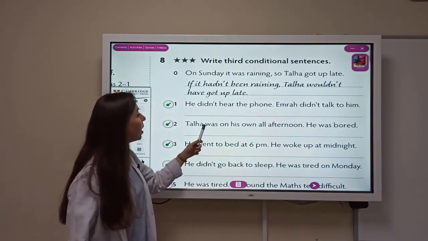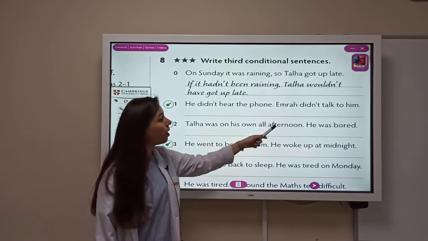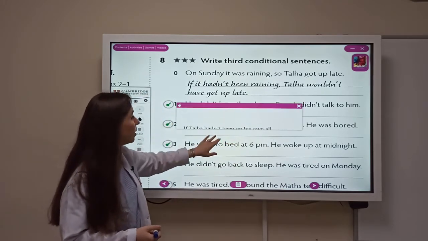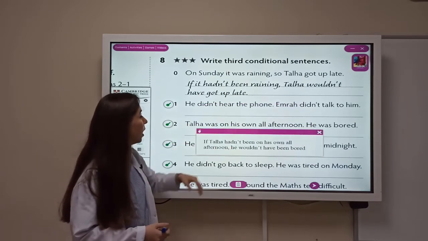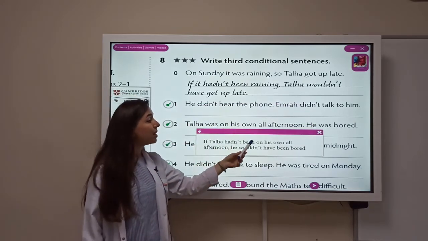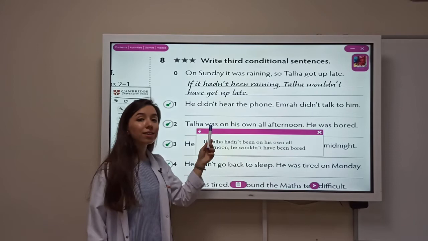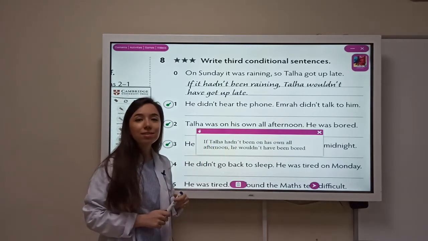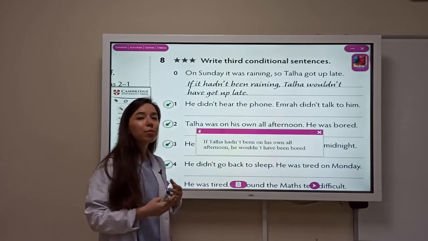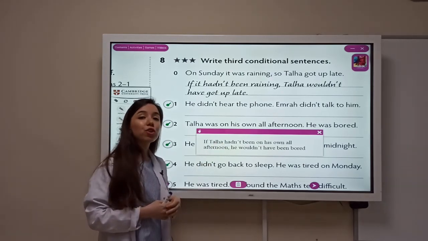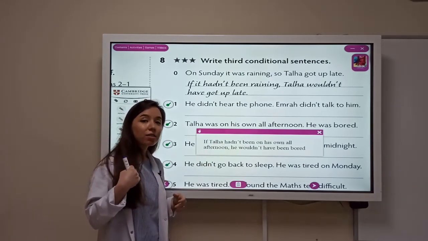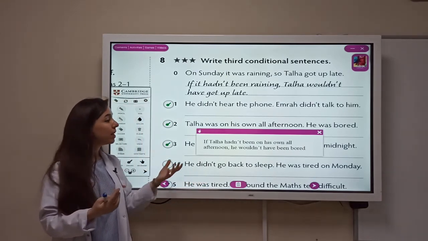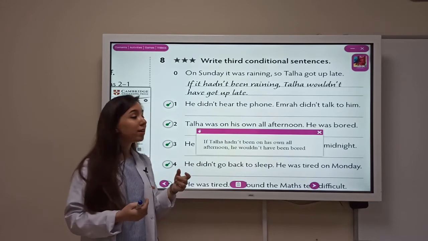Number 2, Talha was on his own all afternoon. He was bored. So we want to change it. What is the answer? Look at here. If Talha hadn't been on his own, he was. Yes, it's something interesting. The sentence here is positive because it's about something in the past. But when we want to change it to third conditional form, something unreal, imaginary, we need to write it in the negative form.